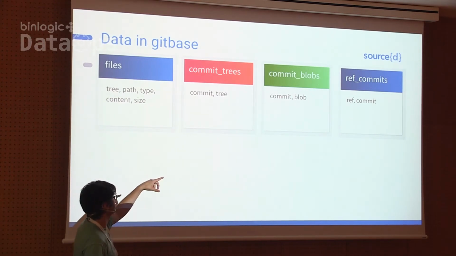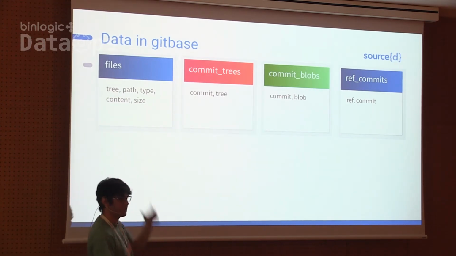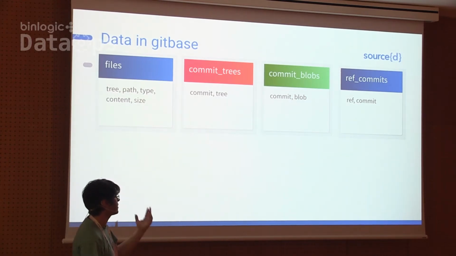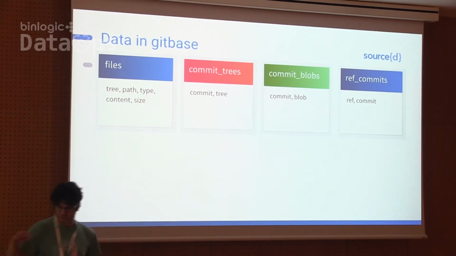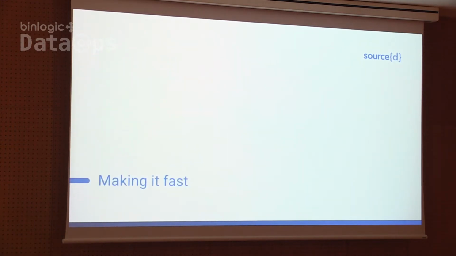So we can relate trees, that is, file trees, with commits, blobs with commits, references, and so on. And then we have this files table, that is a special table that makes it much easier to extract information about the files from a commit and so on, instead of going through all the relations that you have there.